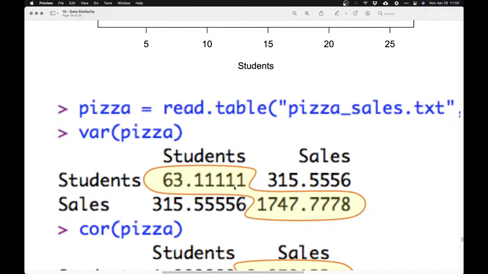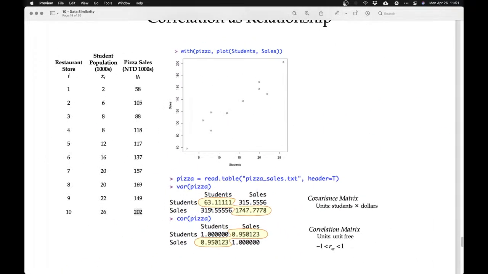Do you notice one more thing? This gives me a variance matrix. The diagonals are the variance of students and the variance of sales. What's this off diagonal number, 315? It's the covariance. This is actually called a variance covariance matrix.